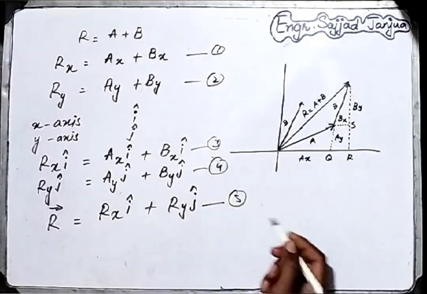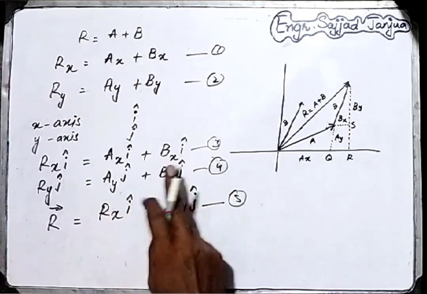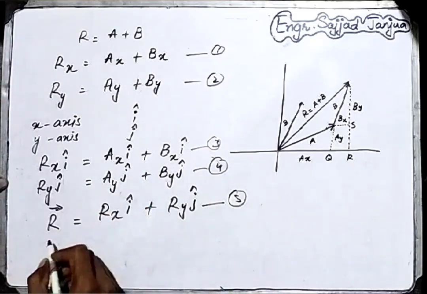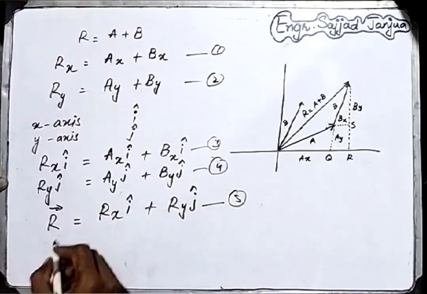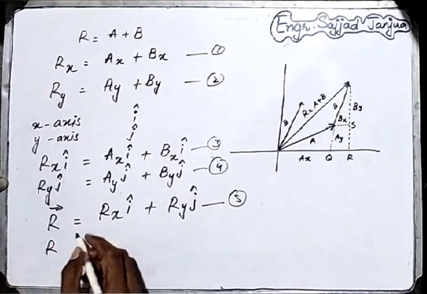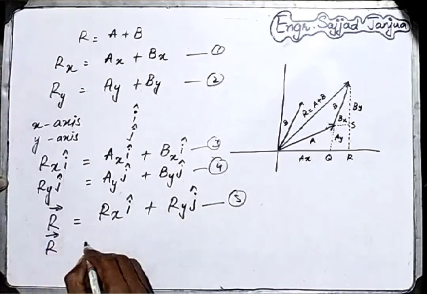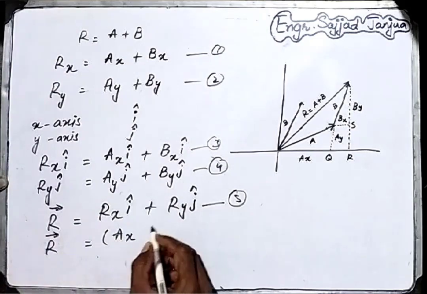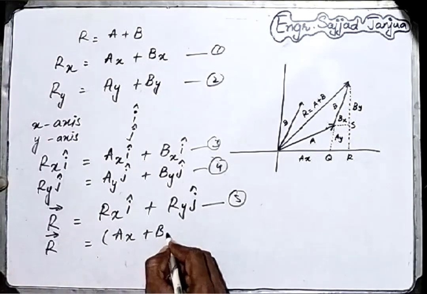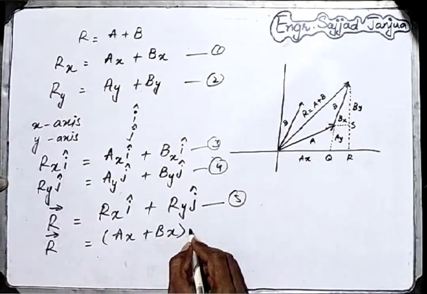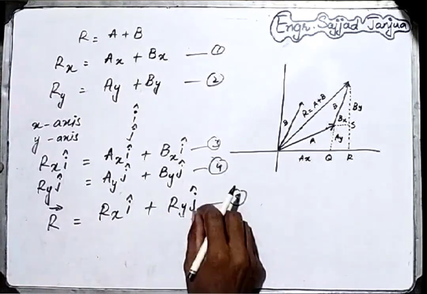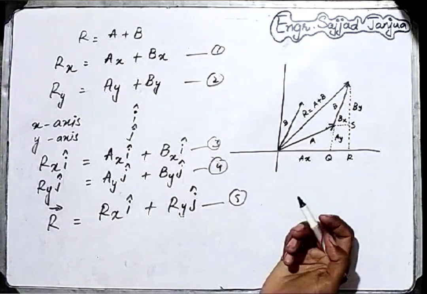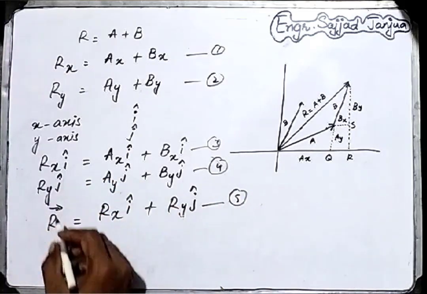Now we have named these equations, and now we will put the values of Rx and Ry in this equation. So equation 5 will become R is equal to (Ax plus Bx) into i. Now we will place the values of equations 3 and 4 in equation 5.